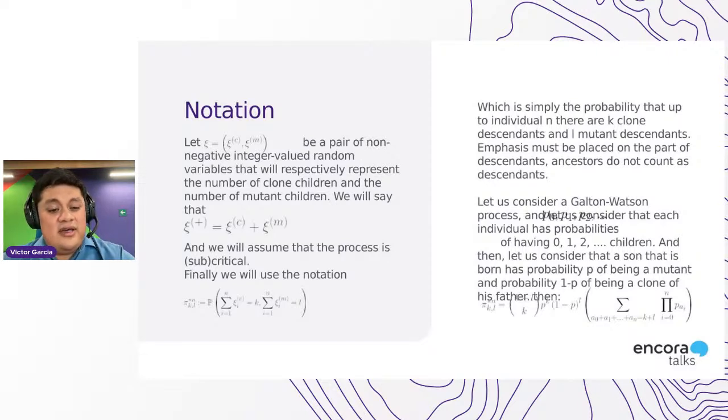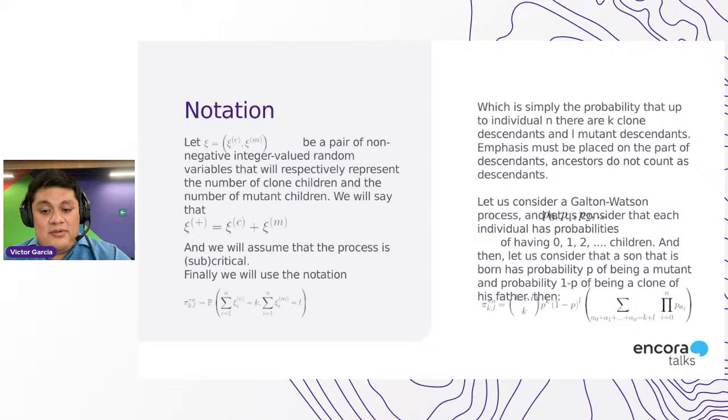The notation at the end will allow you to indicate the probability that, when counting the number of clone children of each element of our tree, we can think again of the green tree with n elements, k are the clones of their parents, and l is the number of mutated children.